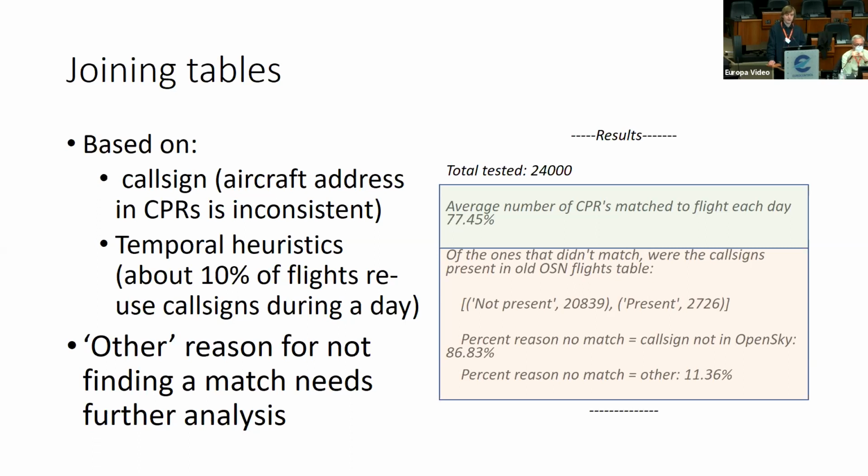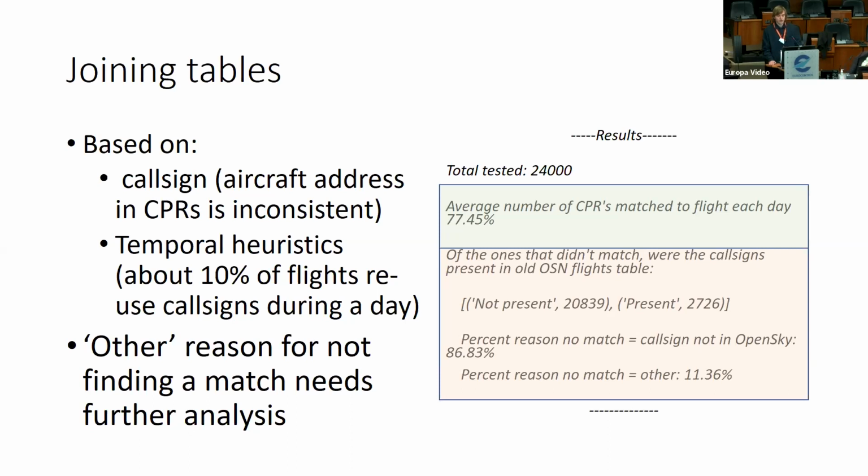And on the right-hand side of the slide, you see the results of the first iteration. We've been able to join or assign about 77% of CPRs to a flight inside the OpenSky network table.